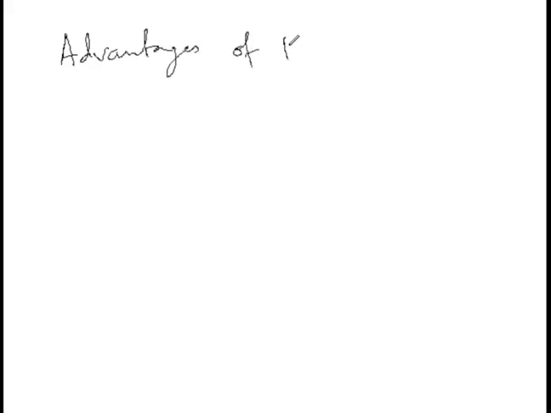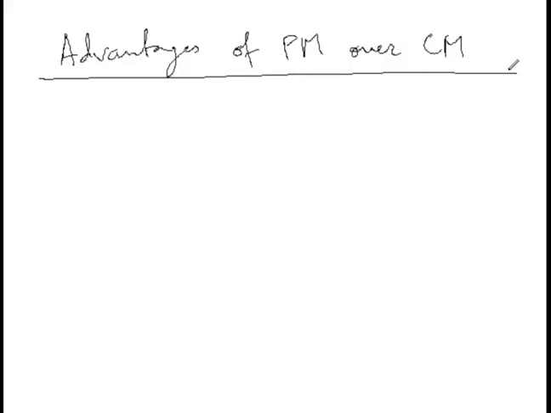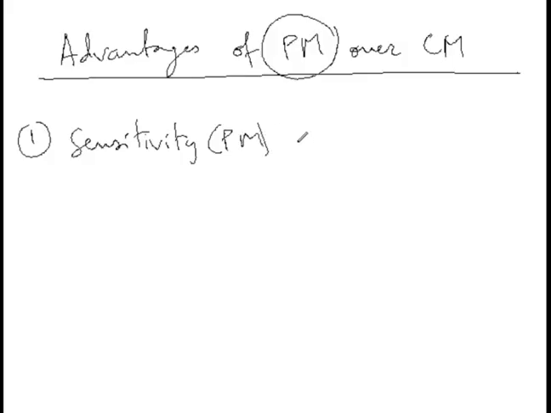Now, after these discussions, finally, let me talk about the advantages of pulse mode over current mode of detector operation. So what are the advantages? Well, of course, there are advantages. That's why this pulse mode is most commonly used in applications. The first advantage: the sensitivity achieved in pulse mode is many times greater than that of the current mode.